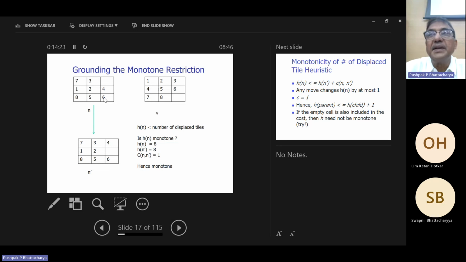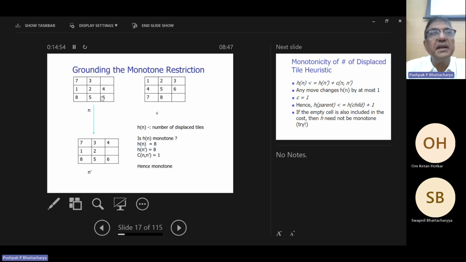And if the movement of the tile decreases the number of displaced tiles, then you have reduced h by 1, but you have incurred a cost of 1. Okay, so they cancel each other. And again, therefore, the triangular inequality is satisfied. h(n) is less than or equal to h(n dash) plus c. Clear?